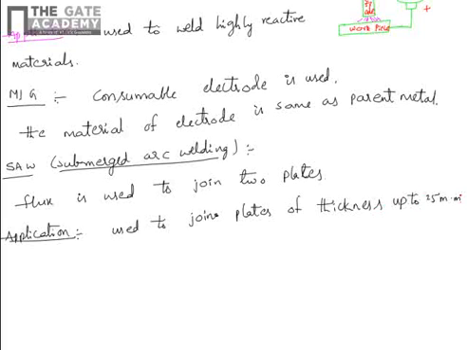So in arc welding, the electrode is the important element. There are different types of electrode.